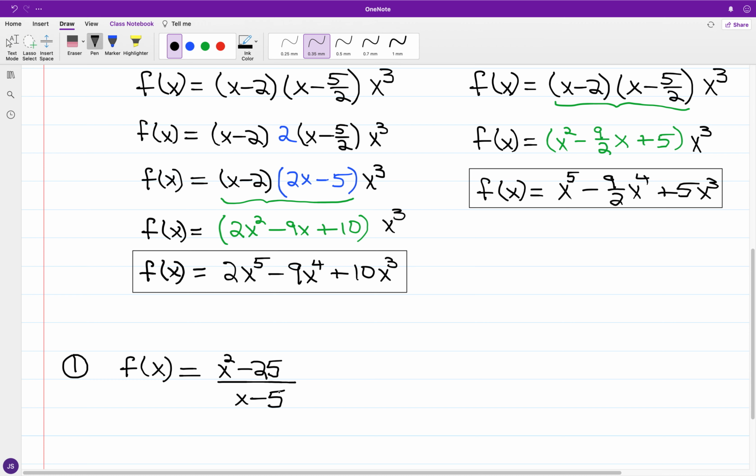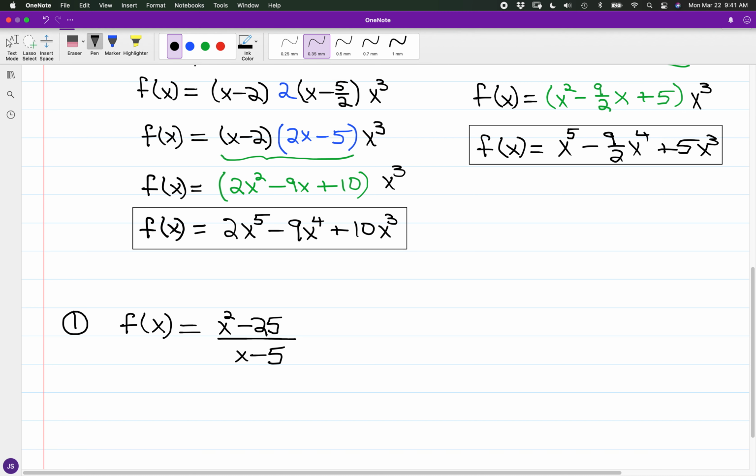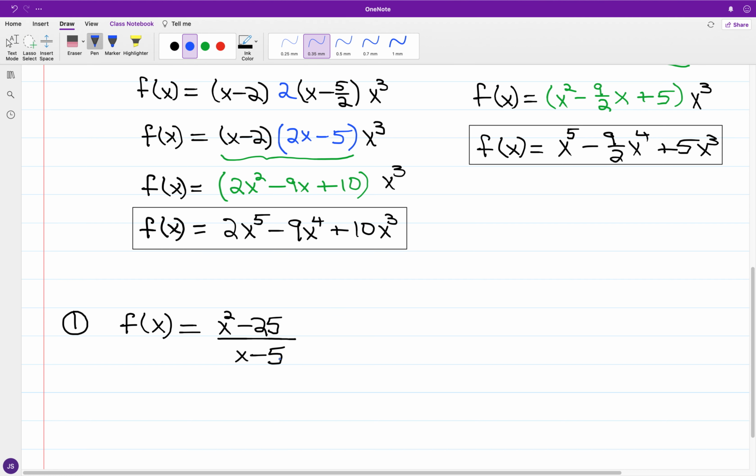Okay, and again, in looking at the domain, what's going to happen here is that for the domain, you look at this before you simplify. So we have that x minus 5 cannot be 0. So we have that x cannot be equal to 5.